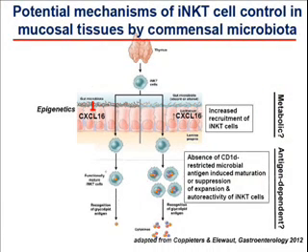And to sum this up, this is a model of what we think might be going on: there appears to be a very important relationship with the microbes. NKT cells, I should say, come from the thymus. They're born in the thymus, and they migrate to the peripheral tissues.